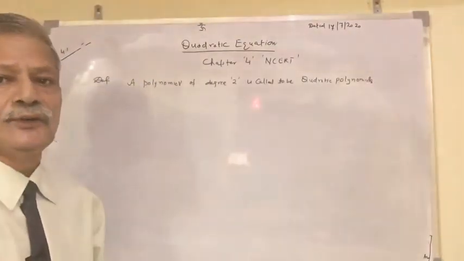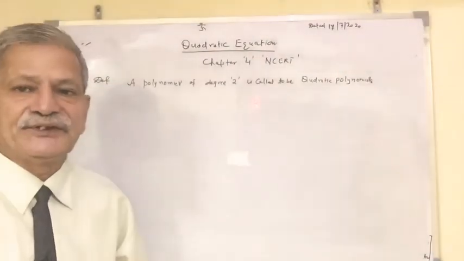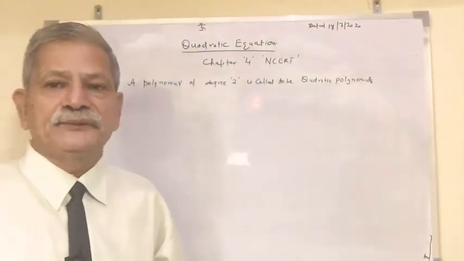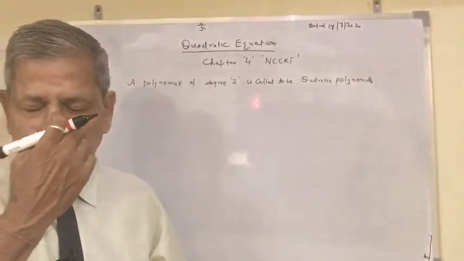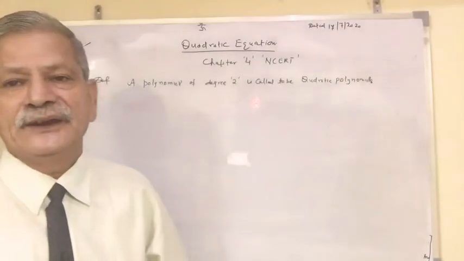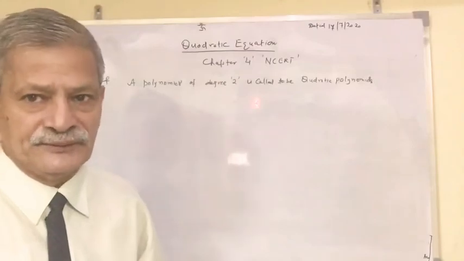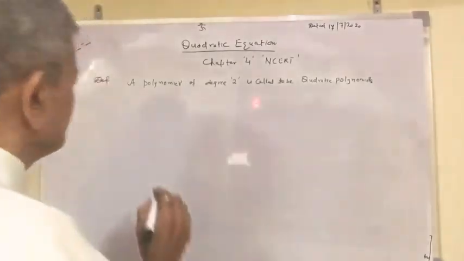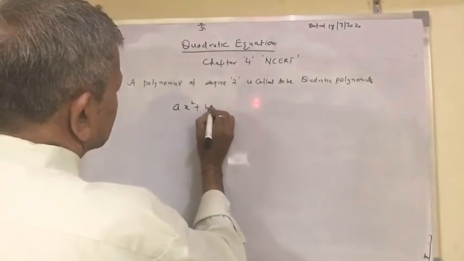You are very well aware of polynomials, because in the previous classes we gave a little bit of a hint. You have read linear polynomials of degree 1, then polynomials of degree 2, the second degree equations, which are basically your quadratic polynomials. Here a polynomial of degree 2 is called a quadratic polynomial. The general form of it is ax² + bx + c.